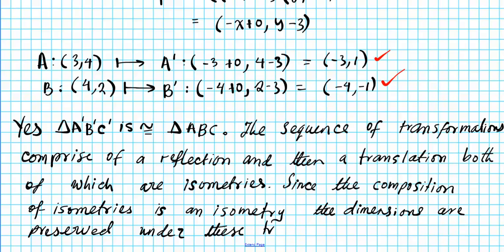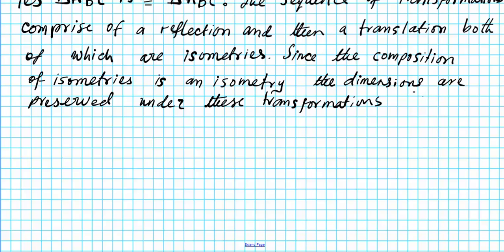In conclusion, hence, the image, triangle A prime, B prime, C prime, is congruent to the original. Okay, so anytime you have an isometric transformation, there is always congruency.